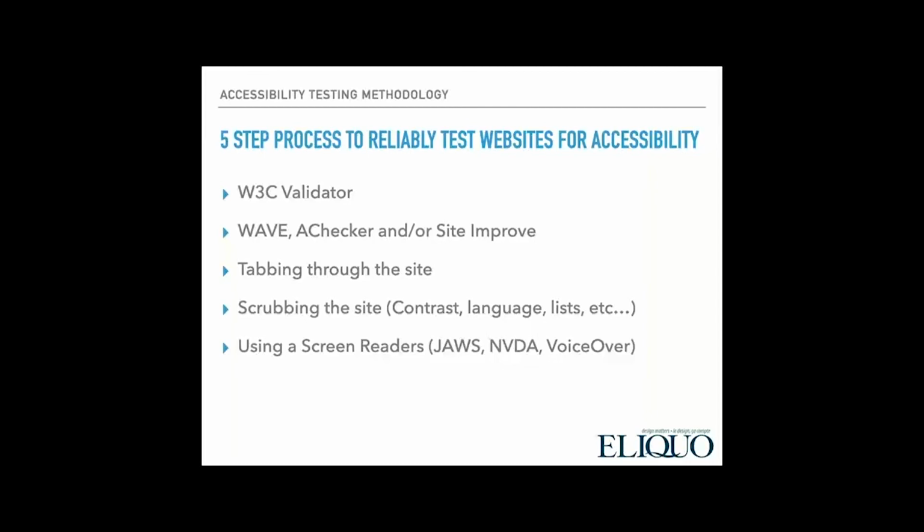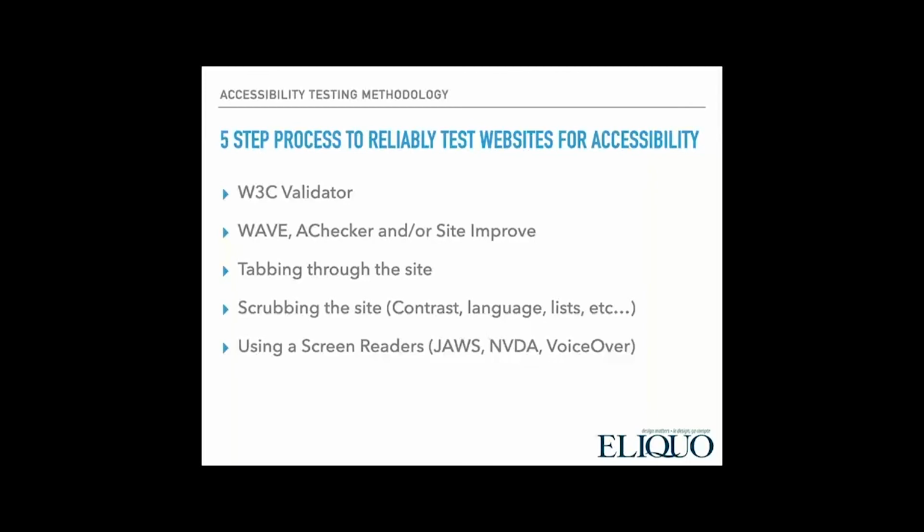More often than not, it's not. Depending on how many errors I see here, I know how much work I have to do when it comes to the audit. If there's a few errors, okay, that's probably not going to take me a crazy amount of time. But if there is a ton of errors, I know that I'm probably going to need to keep an eye out for more and more issues.